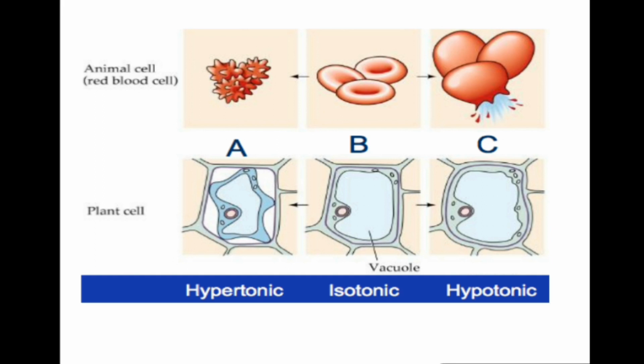In case of a plant cell, the vacuole and the cytoplasm and everything get so full of the solvent that they start to exert a pressure towards the outside. But at the outside of the cell you have the cell wall, which exerts an equal pressure towards the inside. Thus, the plant cell maintains its structure. Such a cell is called a turgid cell.